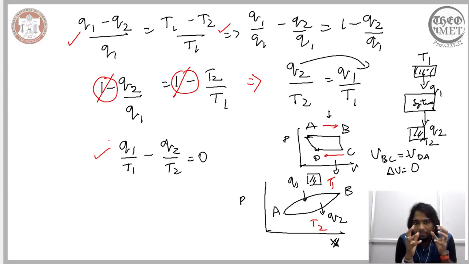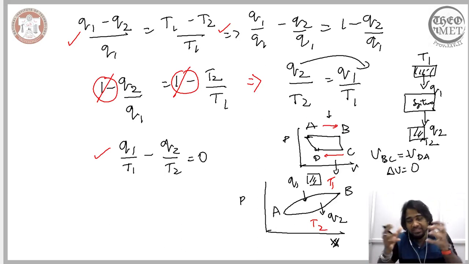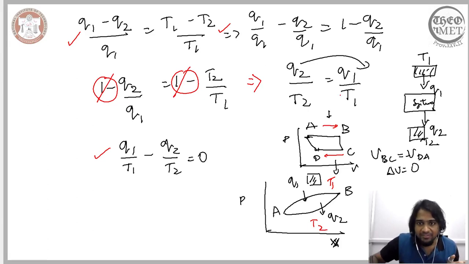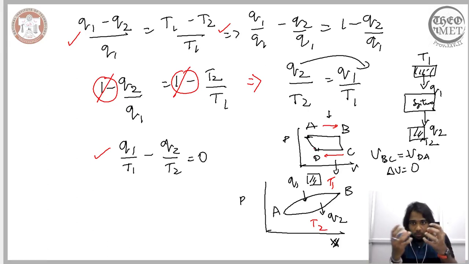In order to describe a change in the state of the system that includes the heat transfer and the temperature of the reservoir, we focused on the change of the state wherein the heat transfer occurs. So we have the change in the state of the system from A to B and C to D, which are the only changes in the states where the heat transfer occurs.